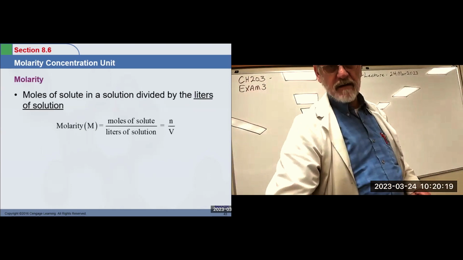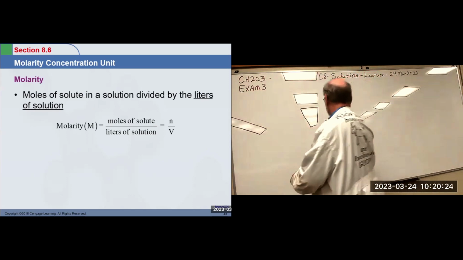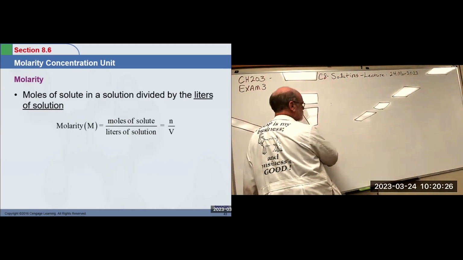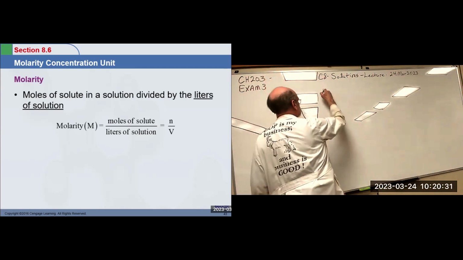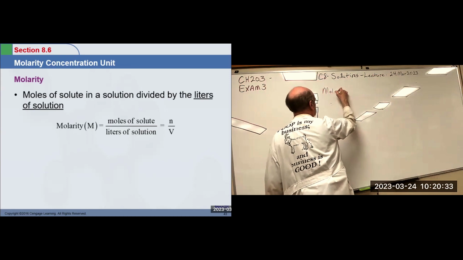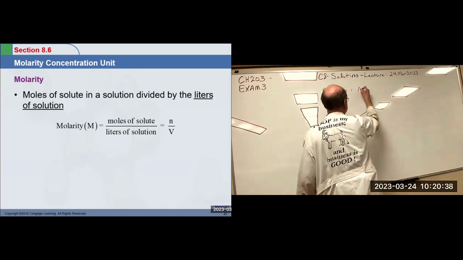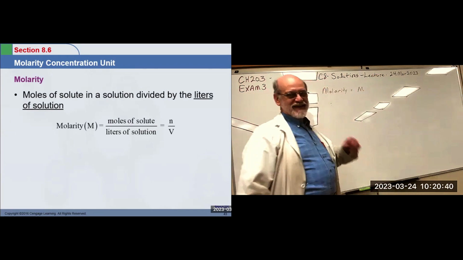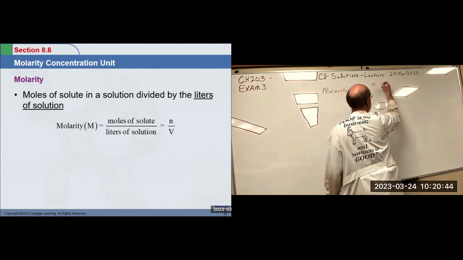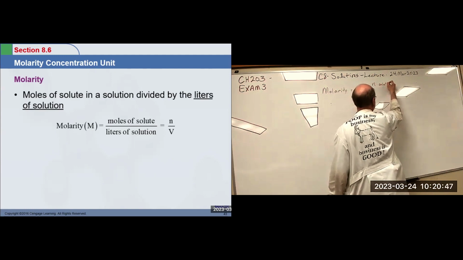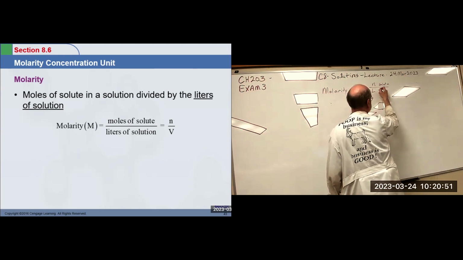All right. Molarity. Okay. Actually, the next expression for concentration is much, much more useful. Molarity. And it's represented by a capital M. And what it means is the number of moles of the solute per liter of solution.